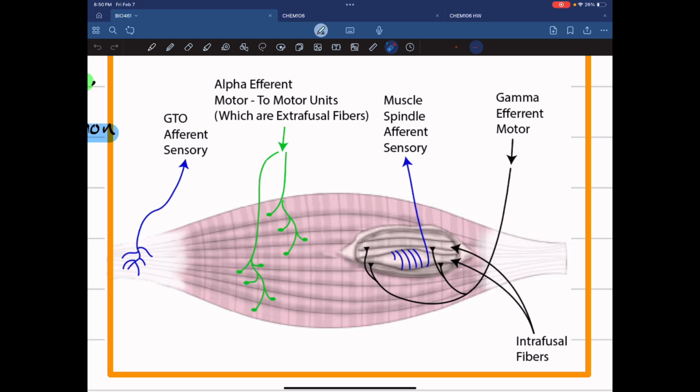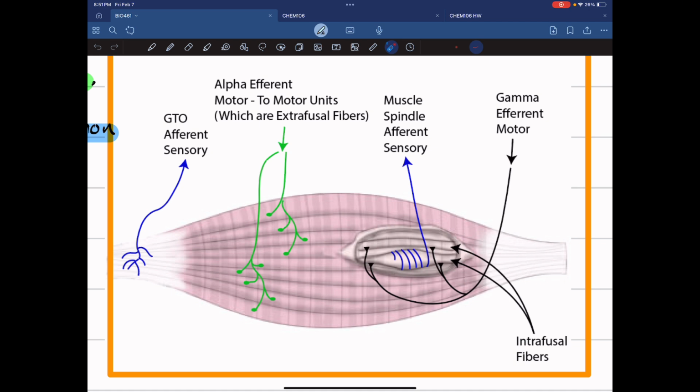Muscle spindles are embedded within the muscle belly, and they're parallel to skeletal muscle fibers. They're composed of intrafusal fibers and extrafusal fibers. So spindles are going to be proprioceptors that monitor muscle length.